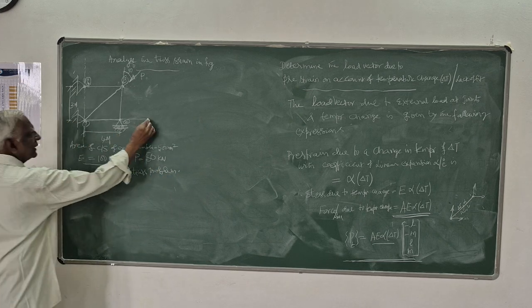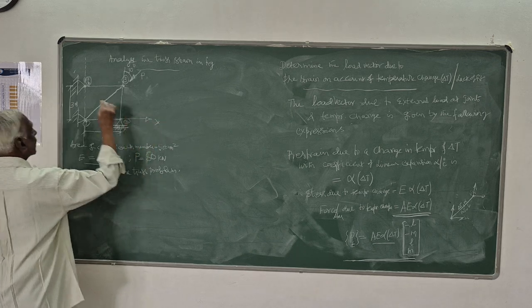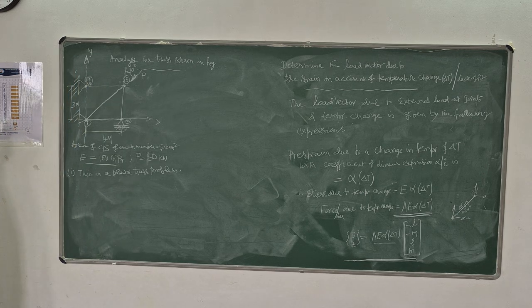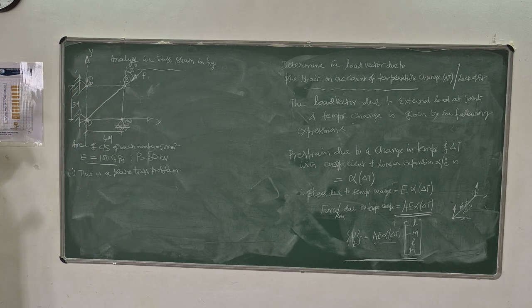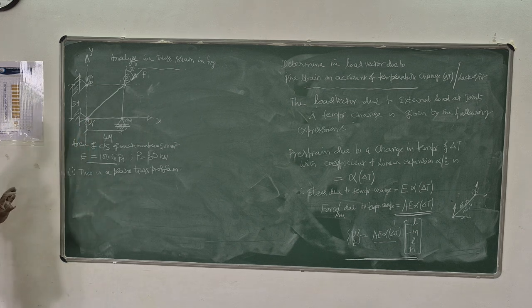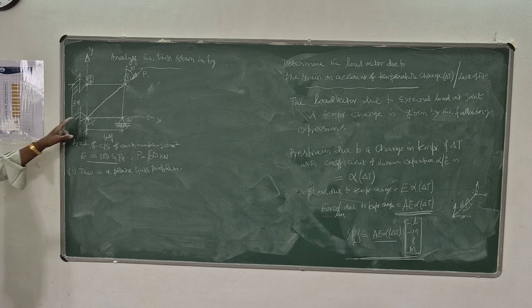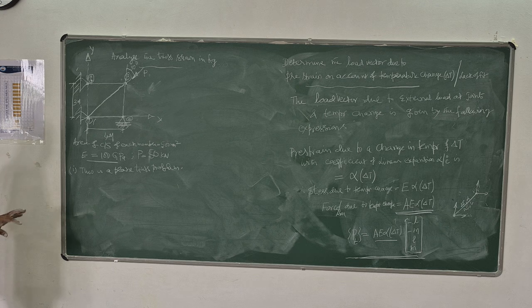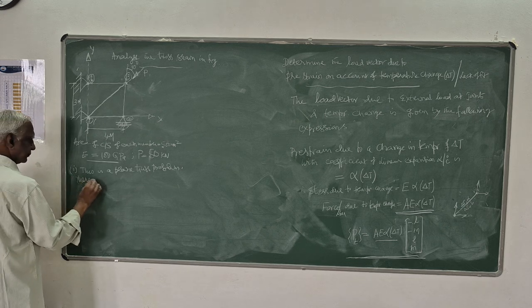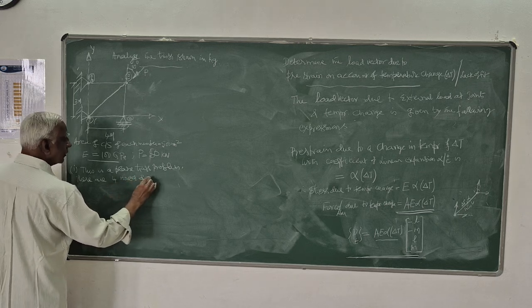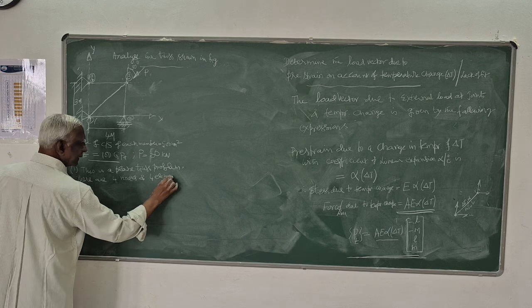So you select a global coordinate system. You call this global x coordinate, global y coordinate. First you fix up the structure with respect to a coordinate system and calculate the coordinates of each nodal point. There are 4 nodal points and there are 4 elements. So there are 4 nodes and 4 elements.